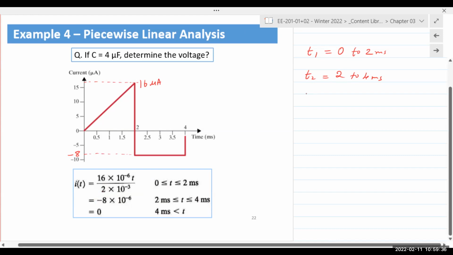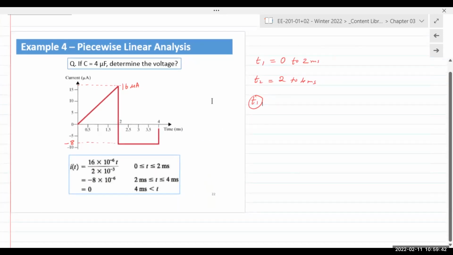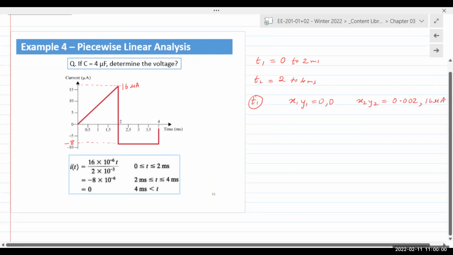For the first one, T1, we do the same thing as we did for example 3. We find the slope first, and then we write the expression for the line. So in this case, x1, y1 is 0, 0. x2, y2 is 2 milliseconds, so 0.002, and we have 16 microamps, so 16 times 10 raised to -6.